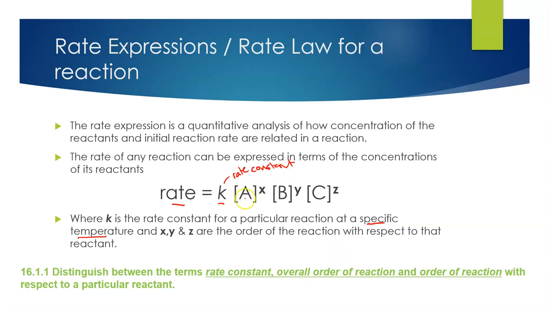So we have the concentration of reactant A with its order with respect to A, B with its order with respect to B, and C with its order with respect to C. So this gives us the rate expression. And we need to start looking at these mathematical ideas of rate in order to be able to determine the order.